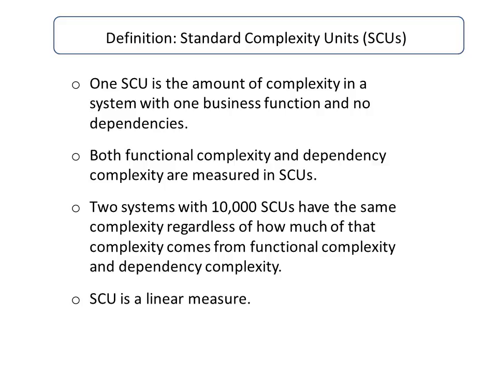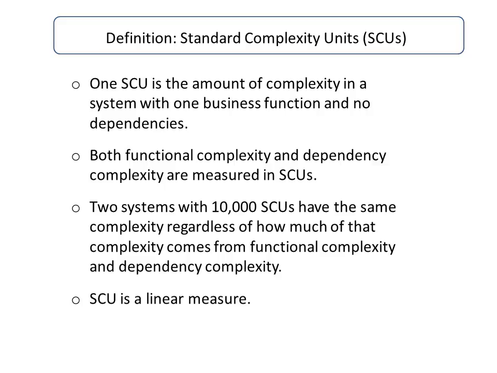Now, we never see systems with 1, 2, or even 10 SCUs. Typically, we see systems that are in the many thousands of SCUs. So a better way to look at this is that two systems, each with 10,000 standard complexity units, each have the same complexity, even if one of those systems is coming primarily from functional complexity and the other one is coming primarily from dependency complexity.